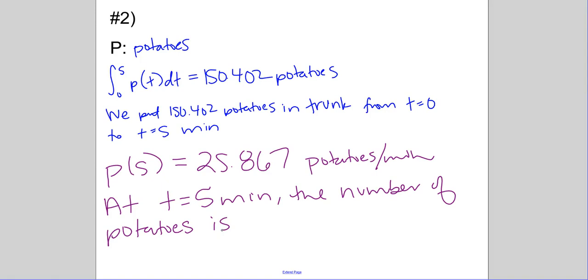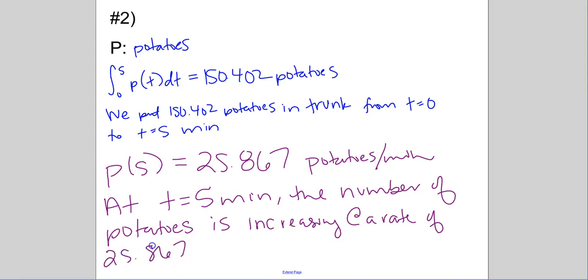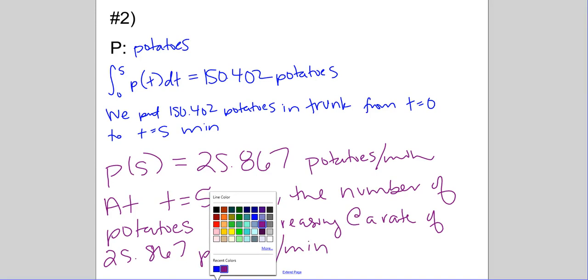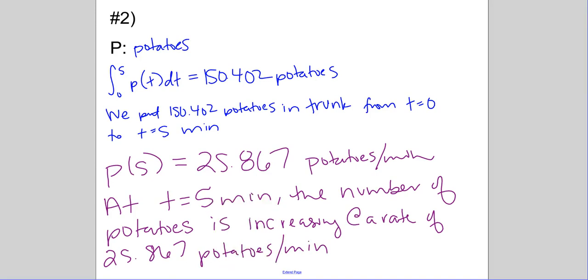Because your rate is positive. Remember, little p is a rate function. Is increasing at a rate of 25.867 potatoes per minute. How many times do you see the word rate here? And how many units of time do you have in the denominator? Just the one, right? Okay.